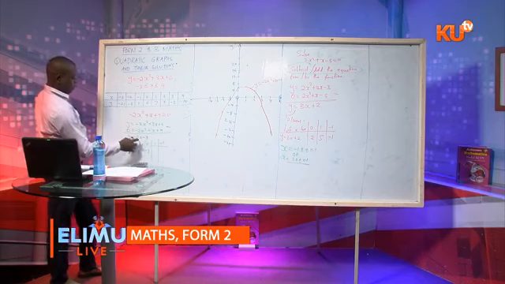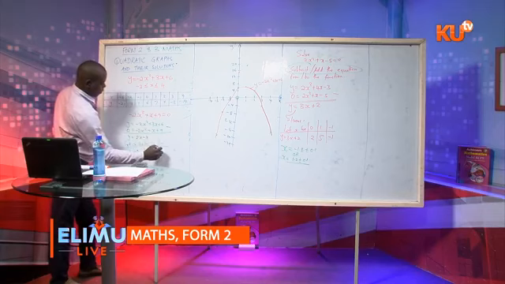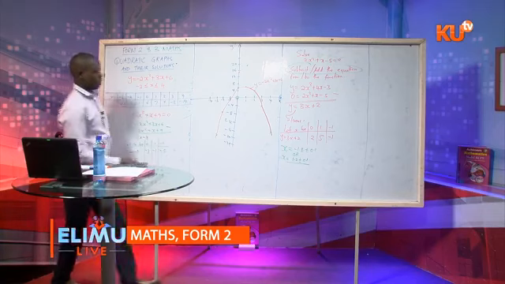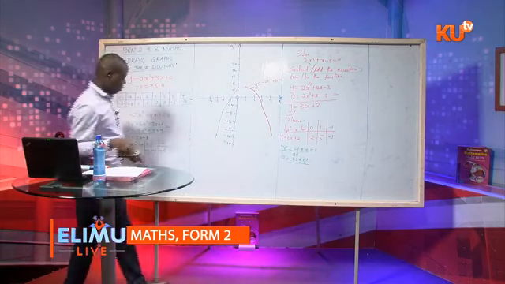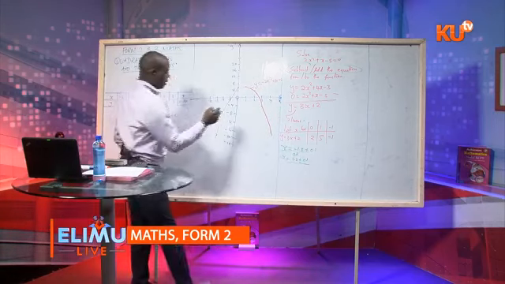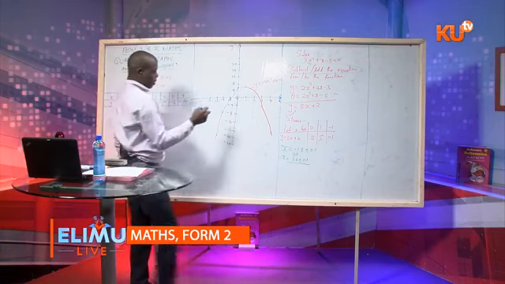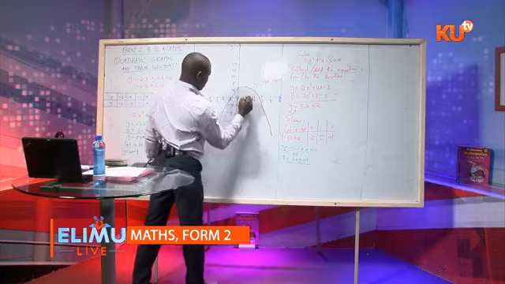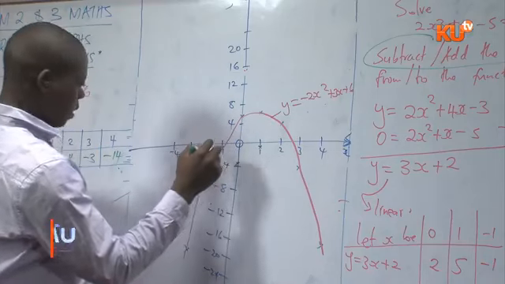When x is 1, negative 1. This is now negative 2, negative 5. Yes, that should be the right values, negative 5. So we will now draw 0, negative 3, this point, then 1, negative 1, then negative 1, negative 5.